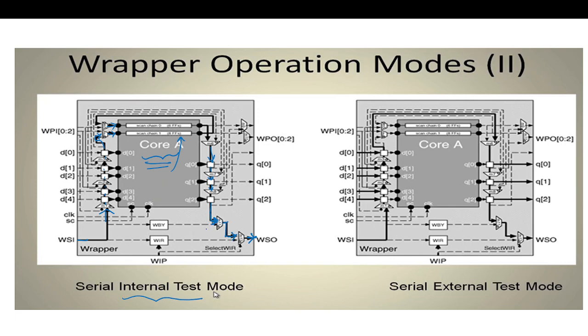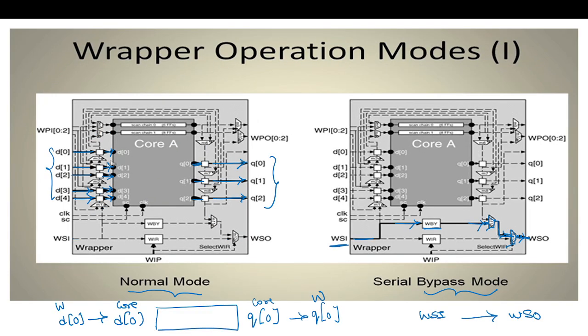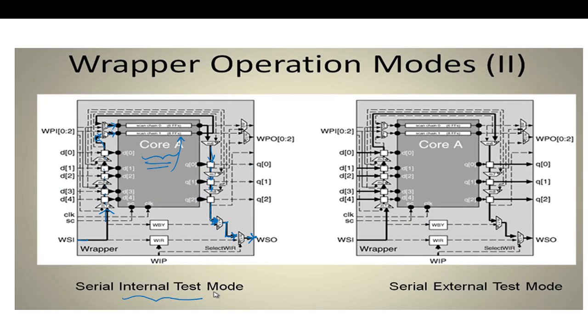So here you can see previously for a bypass it was selecting this, not this, and for normal we didn't use any of this boundary. So now we are selecting.